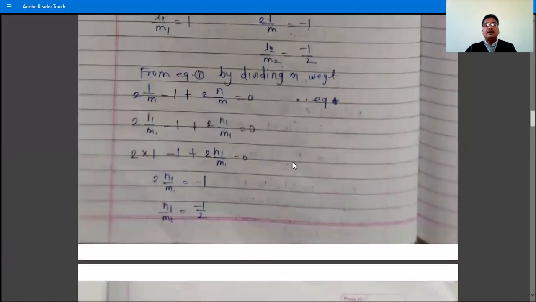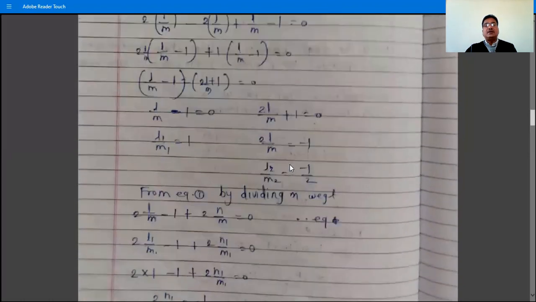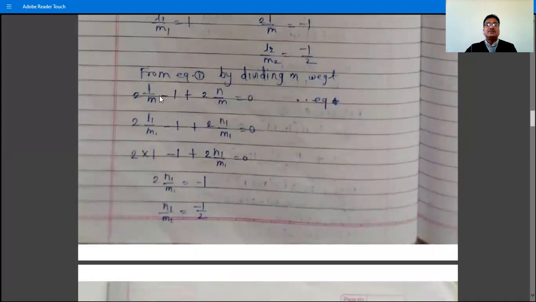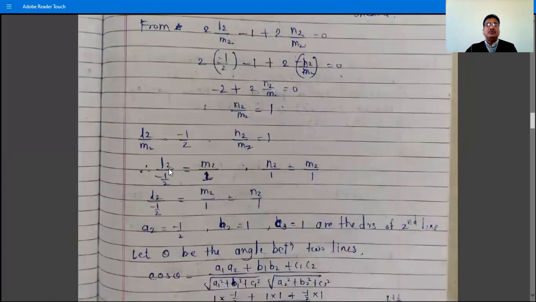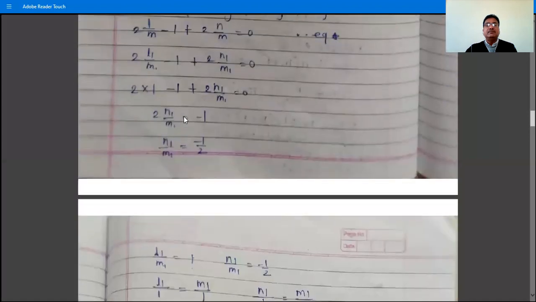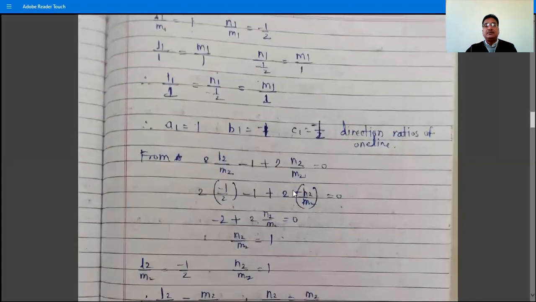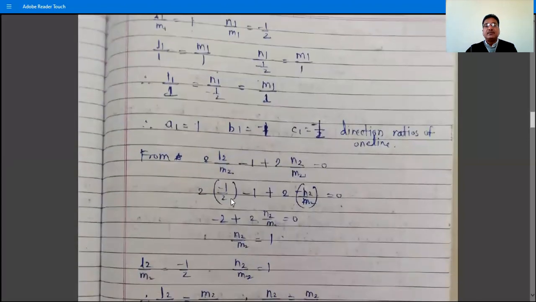Similarly, we have to find the direction ratios of the second line. In order to do so, take the suffix 2 in this equation, which is the star equation. So from star, with suffix 2, we have 2 L2 by M2 minus 1 plus 2 N2 by M2 equal to 0.